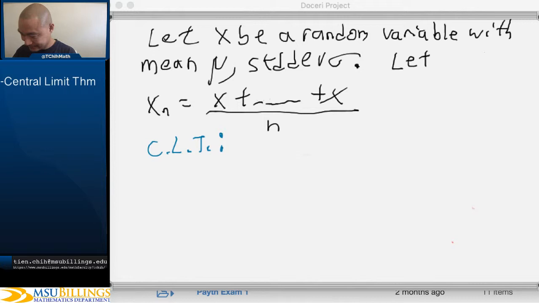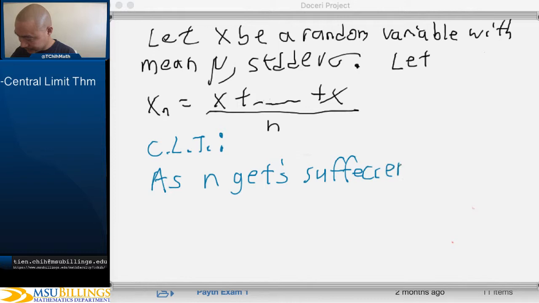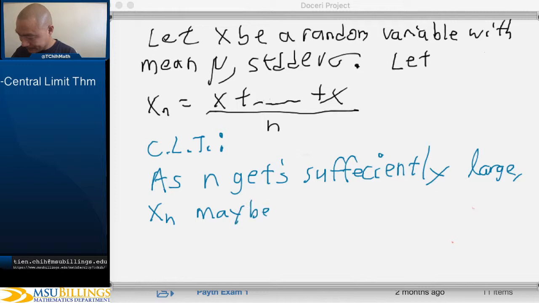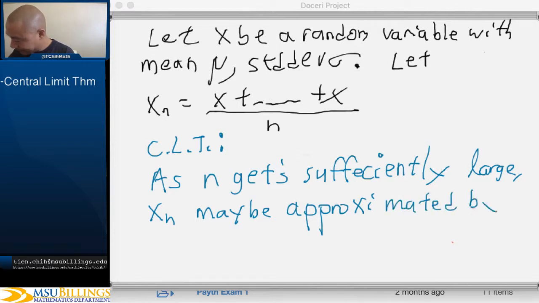As n gets sufficiently large, xn may be approximated by N(mu, sigma over square root of n).